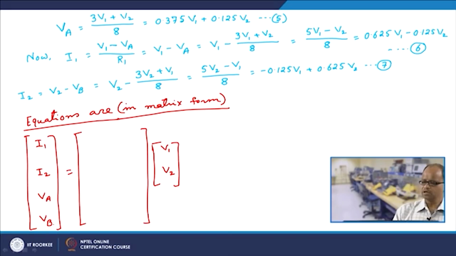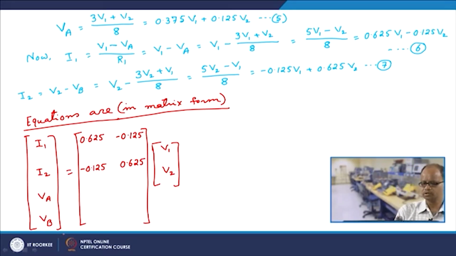Now, first thing: I1 is 0.625 V1 minus 0.125 V2. I2 is minus 0.125 V1 and plus 0.625 V2.